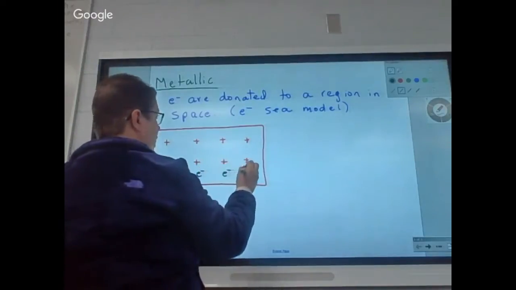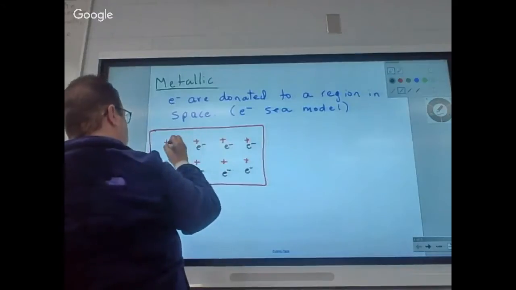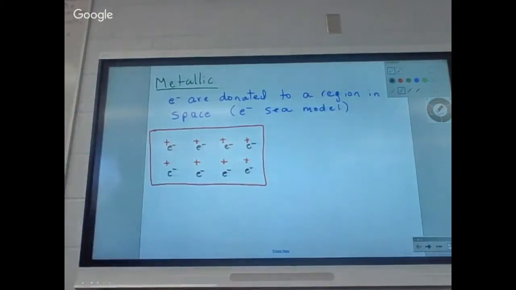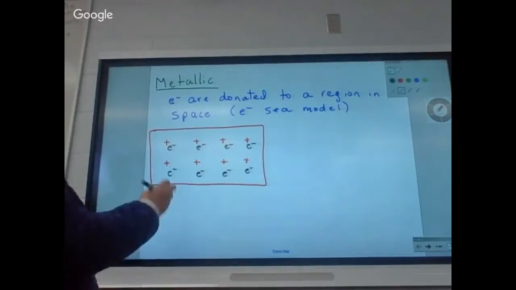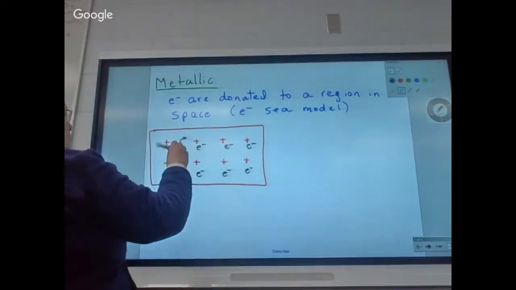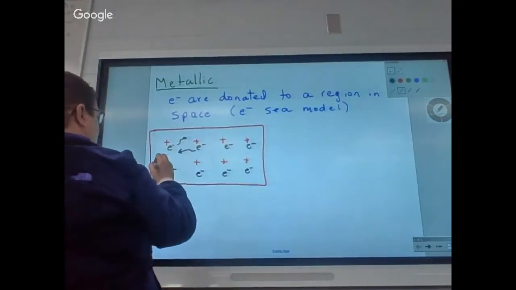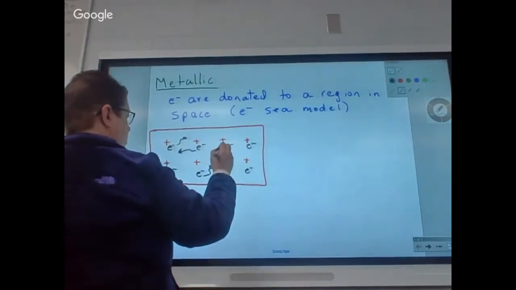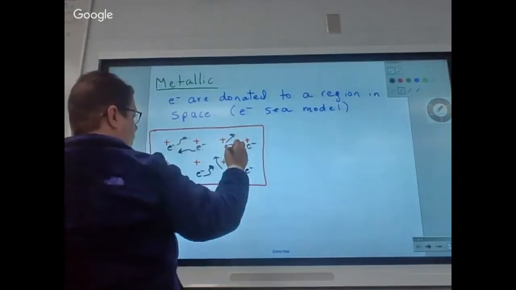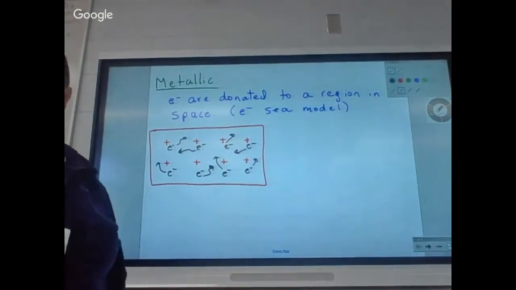These electrons that surround these nuclei are different than the electrons in ionic and covalent bonding because these electrons are able to move. These electrons can go wherever they wish to go. That's unique from all the other types of bonding.